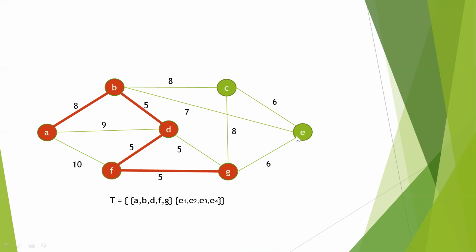So the new node is E, and after that if we select B to E, then it forms a cycle. So we select E to C, and its weight is also minimum, which is 6. And here we cover all the vertices of graph G.